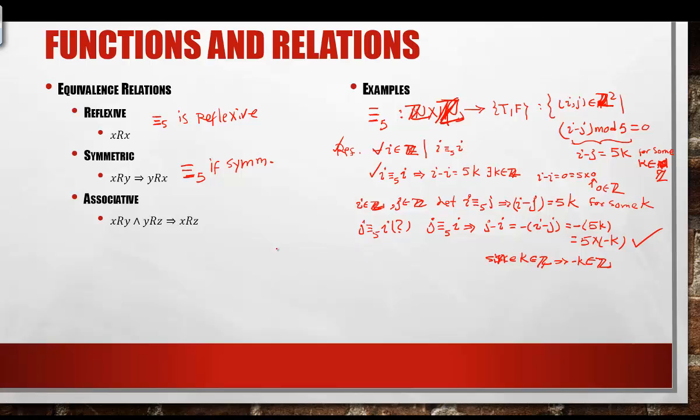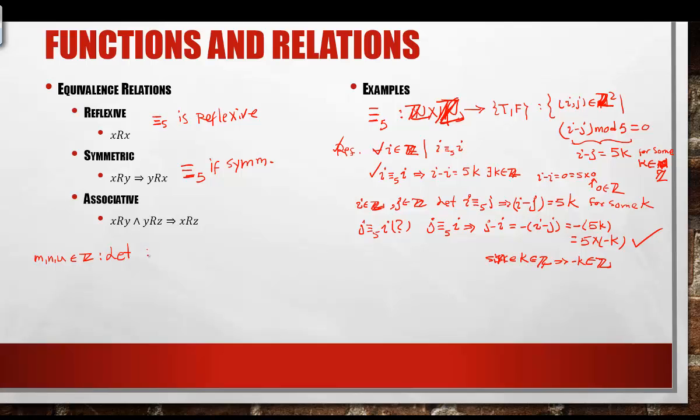Now let's take a look at the associativity. For associativity, we need 3 elements. Let's call them m, n, and u, right? So we pick 3 elements to prove associativity. We pick m, n, and u from Z. And then we start with the assumptions.